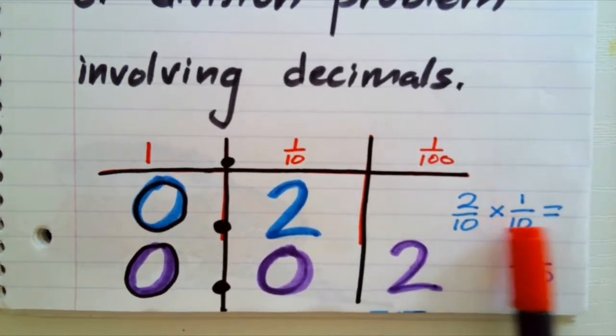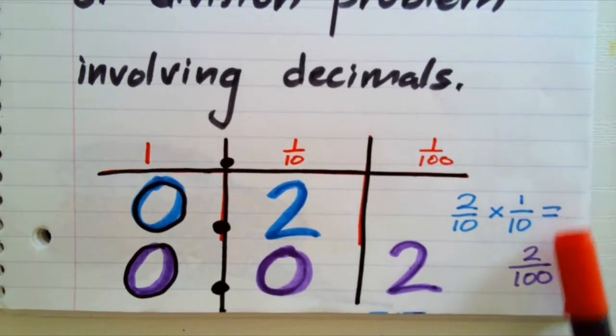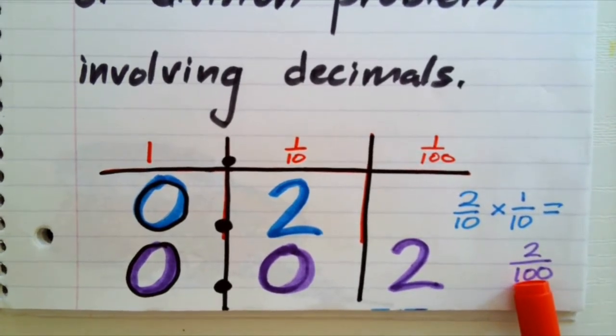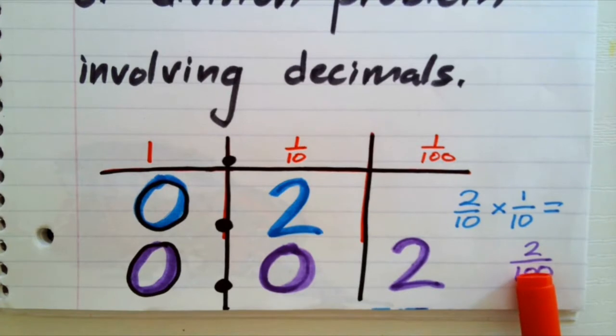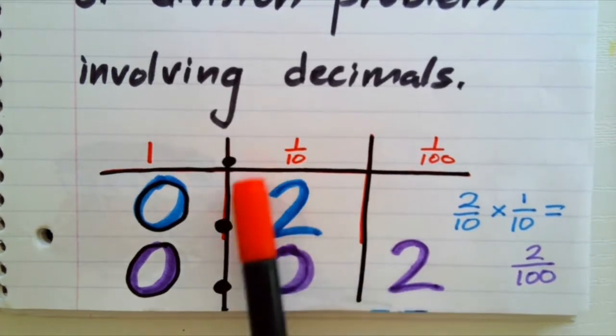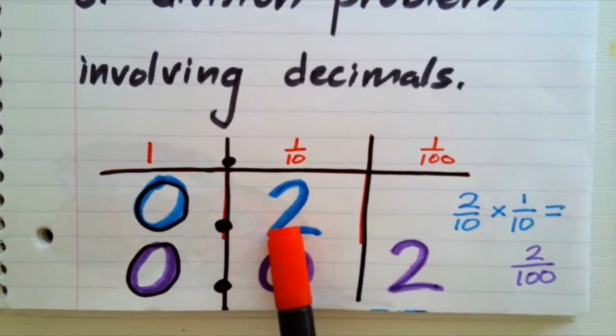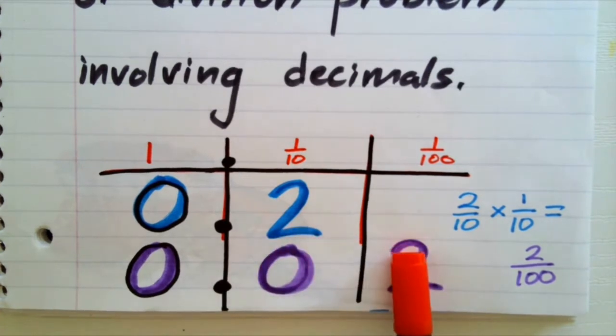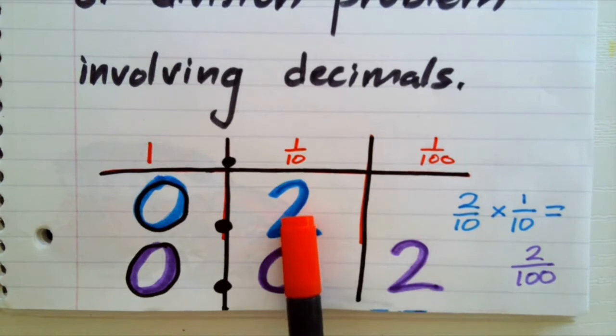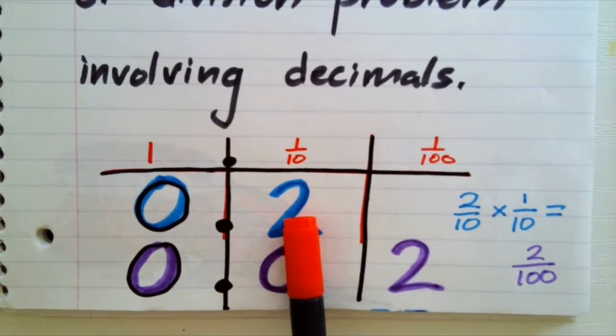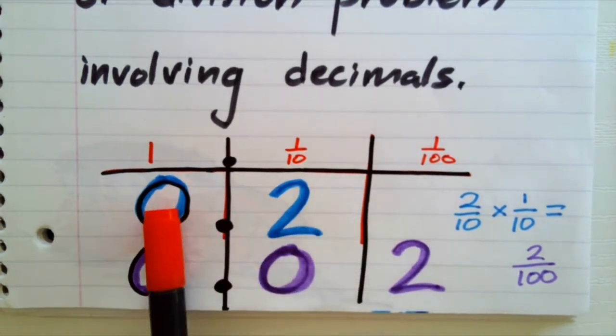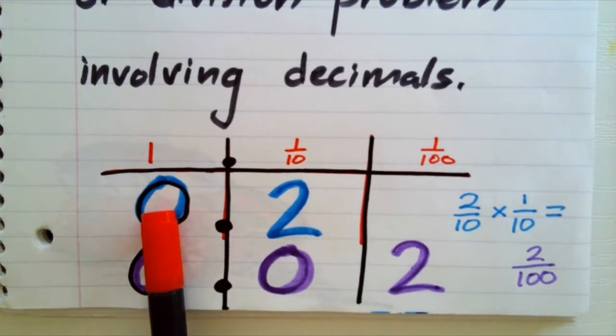2/10 times 1/10 is the same thing as 2/100. In other words, if you multiply this amount by 1/10, it moves to the smaller place value on the right. Remember the way place value works. If you multiply by 10, you go up to the bigger place value on the left.